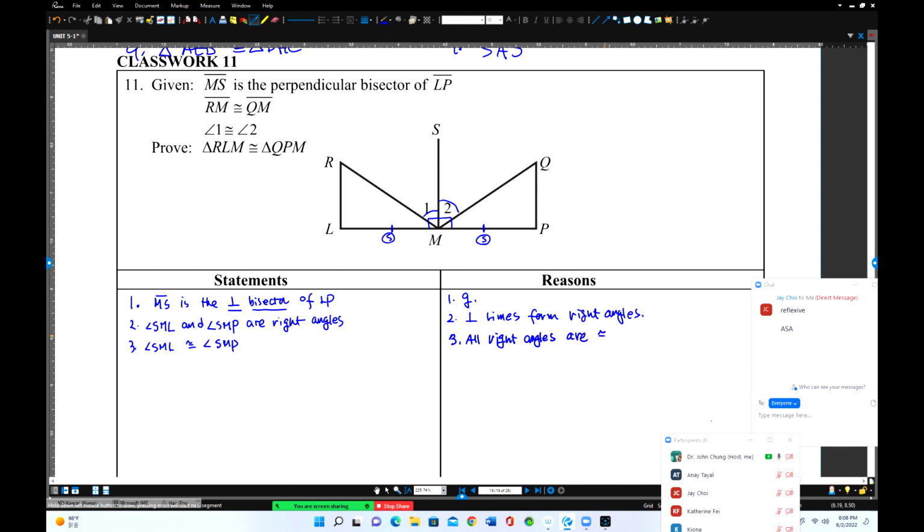You can use congruent, or you can use anything. Okay, the next one over here. Angle 1, now angle 2 is congruent. I'm going to use this one first.